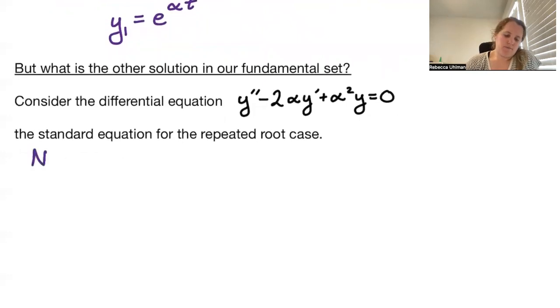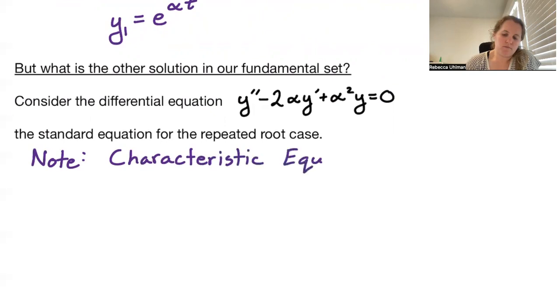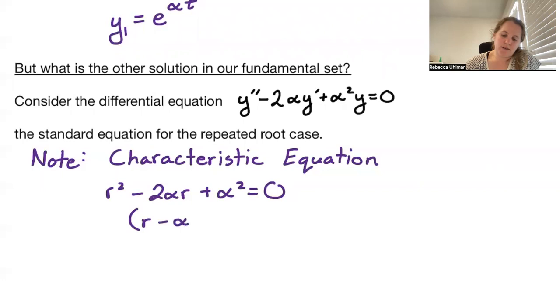So note, if we do the characteristic equation, we are looking at r squared minus 2 alpha r plus alpha squared equals 0. That left-hand side factors as r minus alpha squared equals 0.